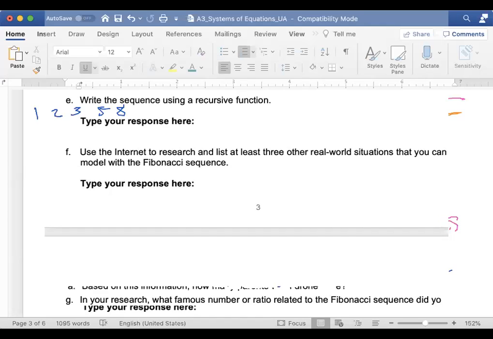I haven't quite figured it out, but you're trying to write a sequence using a recursive function.